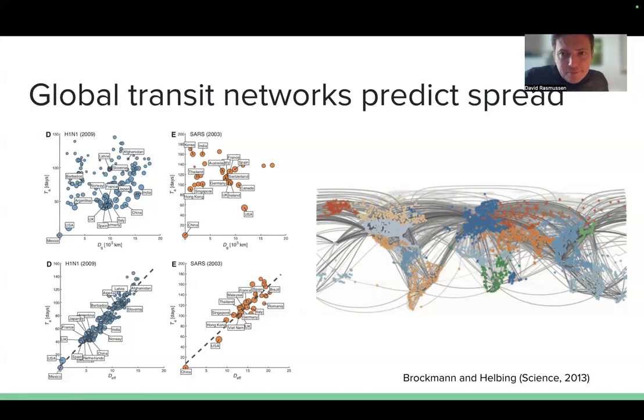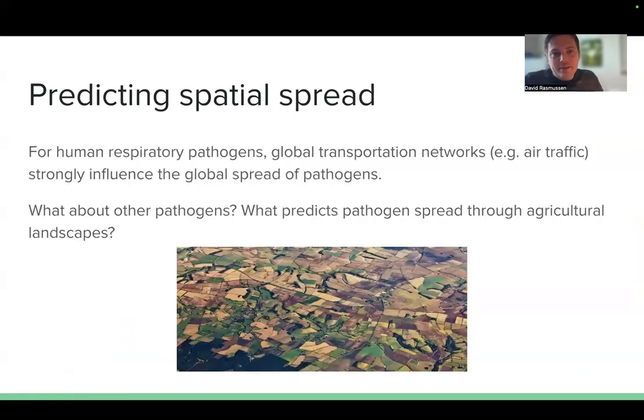Of course, these human respiratory viruses are a special case because in this case, we understand how humans move around the world. In modern times, that is mainly by air traffic, and so we also understand how human viruses move around the world. But this is a lot less clear for many other types of pathogens, right?